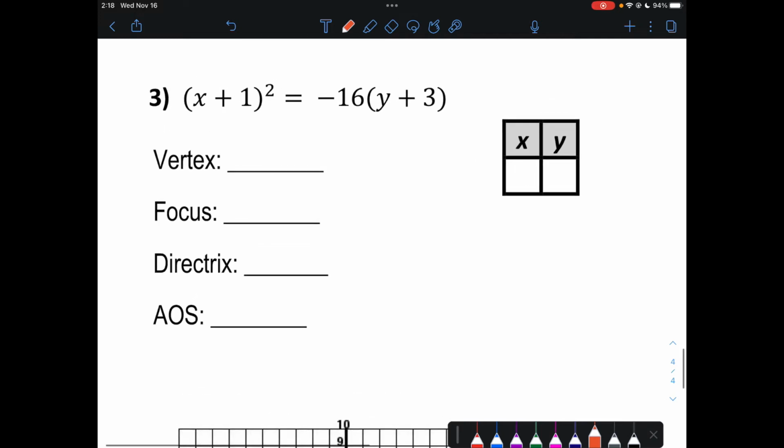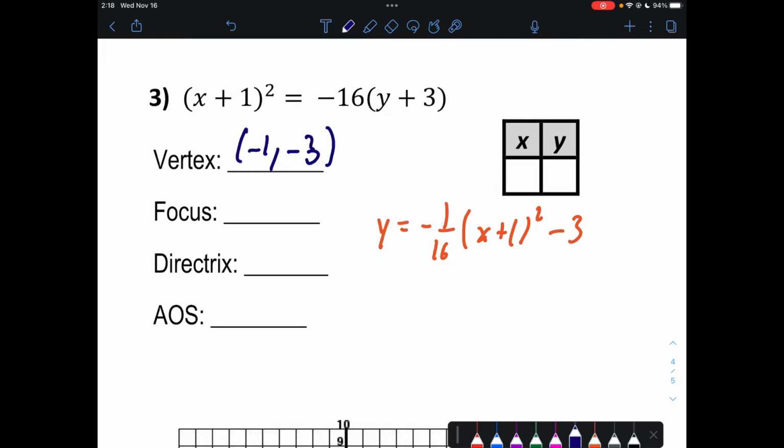Third one, this is an x squared, which means this is going to be a vertical parabola. So if I solve this for y, I get y equals negative 1/16 (x plus 1) squared minus 3. So my vertex is at negative 1, negative 3.